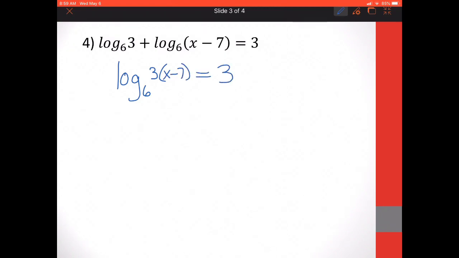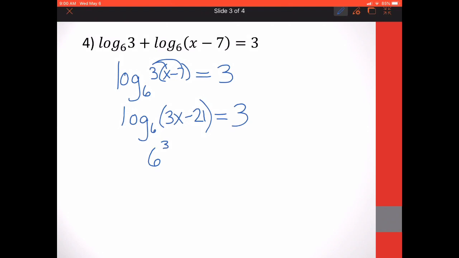When I showed I'm multiplying them, the 3 times the x minus 7, I wrote it with parentheses, but you could actually distribute it before you write it down and get log base 6 of 3x minus 21. From here, we are going to rewrite it in exponential form because there's a single log and it's by itself. So my base is 6 to the third power equals 3x minus 21.